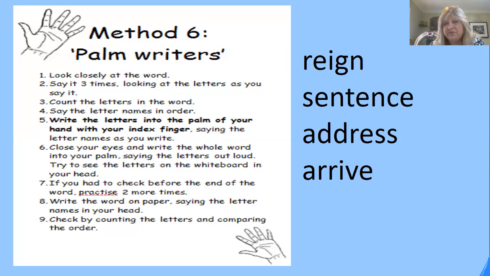As long as you can do some of those things, you'll remember writing it on your palm, you'll remember seeing it in your head, you'll remember counting the letters and saying the letter names in order, okay? So this just provides you with a different way of learning your spellings rather than just writing them out, actually, which can get a little bit dull and you can get a little bit fed up with just doing that. It still works, but it's just nice to mix it up.